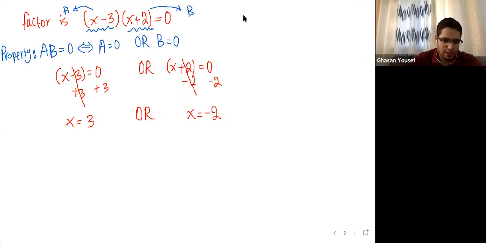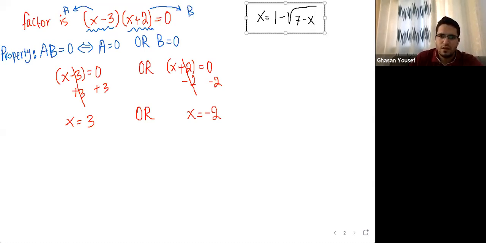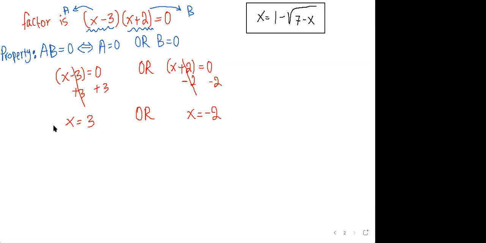So my example is x equals 1 minus the square root of 7 minus x. This is my equation. Now I have to plug x equals 3 inside this equation. What am I going to get when I plug it in? Any student want to help?